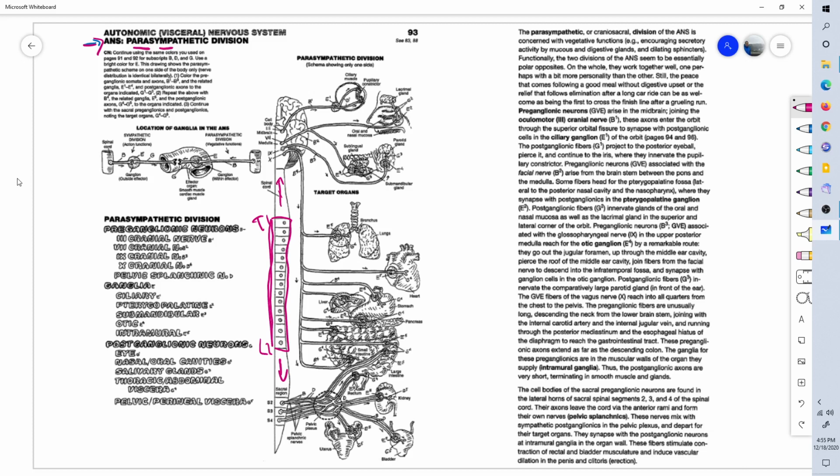Now, take a quick review of the sympathetic nervous system. Recall that the lateral horn of the spinal cord contained the sympathetic cell bodies, the autonomic cell bodies, and they synapse at a ganglion. Remember the sympathetic chain?